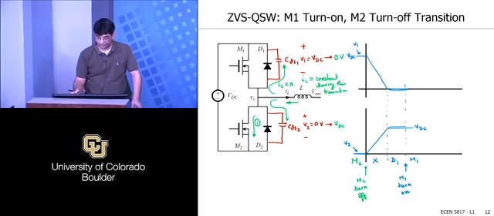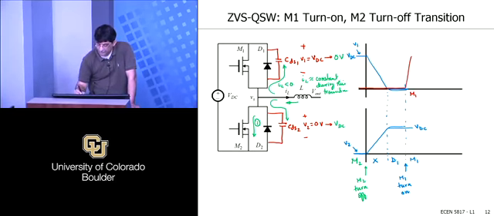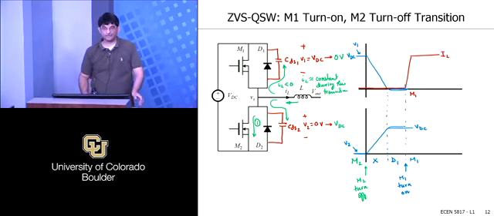So if I wanted to plot the current through M1, the current in M1 will pick up here. So no current, and then I'm turning M1 on here, so M1 current rises up and goes to IL, right?